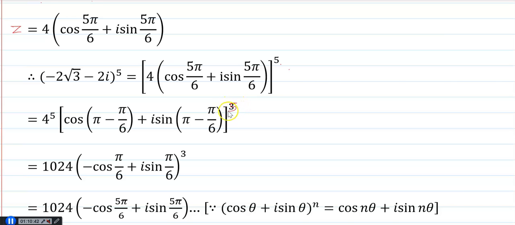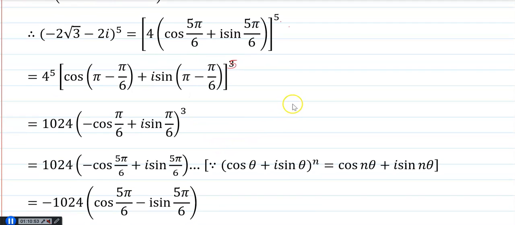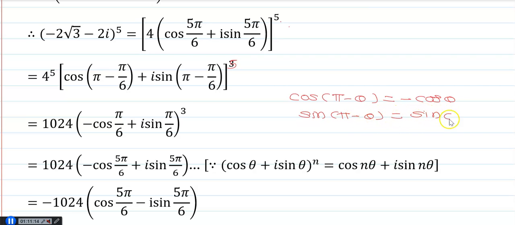Raised to 5. Cos of 5 pi by 6 can be written as cos of pi minus pi by 6, and sine of 5 pi by 6 can be written as sine of pi minus pi by 6. Again one more result: cos of pi minus theta is equal to minus cos theta, and sine of pi minus theta is equal to sine theta.